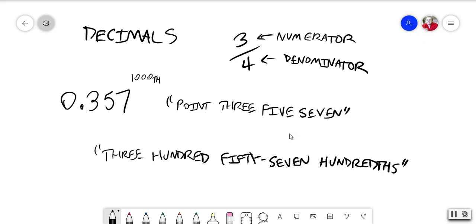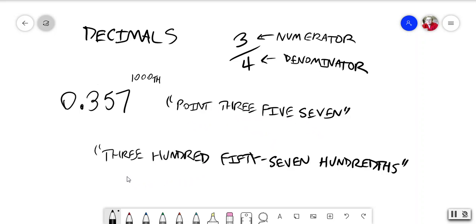A long time ago, it must have been almost 17 years ago, when I taught at Spencerian College in Lexington, I had a woman who taught with me. She was from Russia. And she just couldn't believe that Americans read decimals like 0.357.